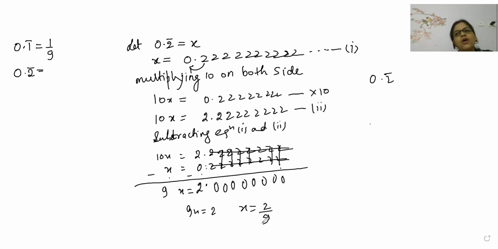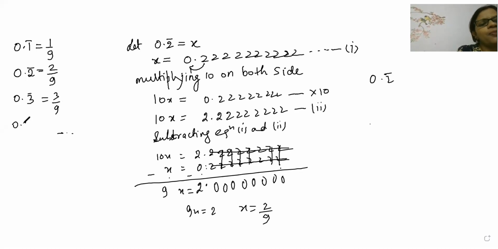But beta, are you going to solve this or tell the answer directly? 0.3 bar, what will be the answer? Super, 3 by 9.